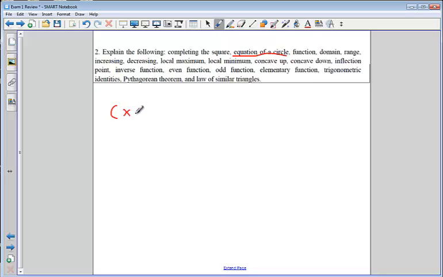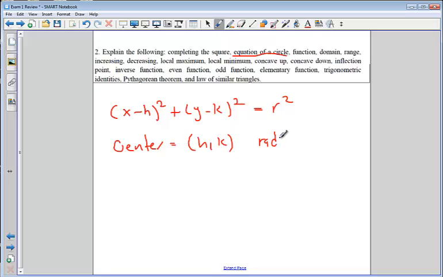It's x minus h quantity squared plus y minus k quantity squared is equal to r squared. And of course the center is given by (h, k), and the radius is equal to, of course, r in the above formula.